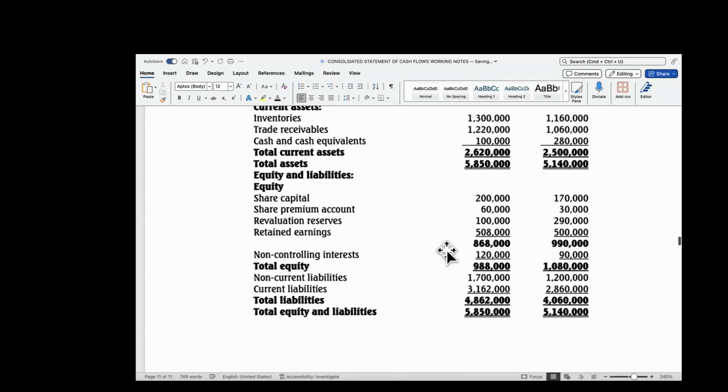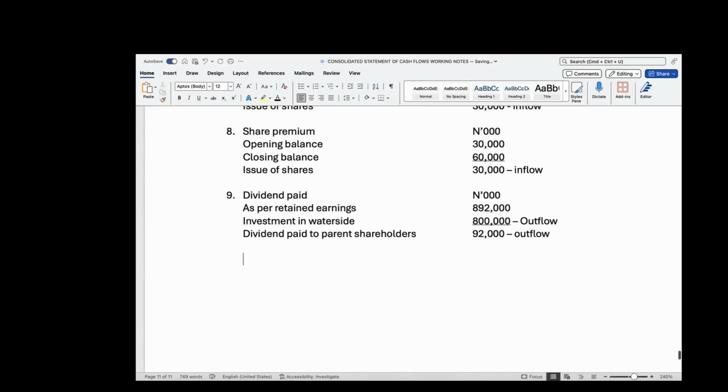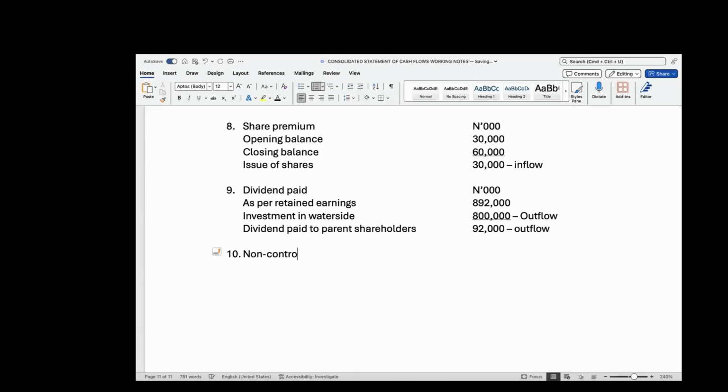Now, NCI. Movement in NCI from 90 to 120. So, note 10. Non-controlling interest. What's my opening balance? 90. He will get his profit attributable to NCI, the profit share to NCI. You get that in the P&L.